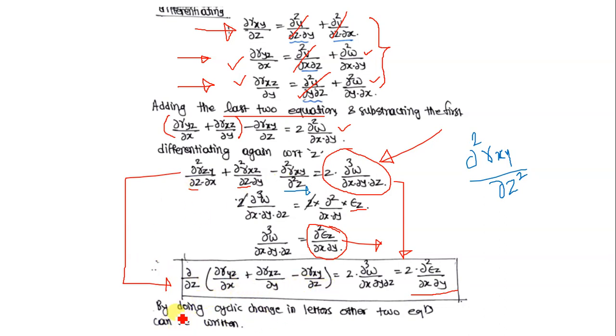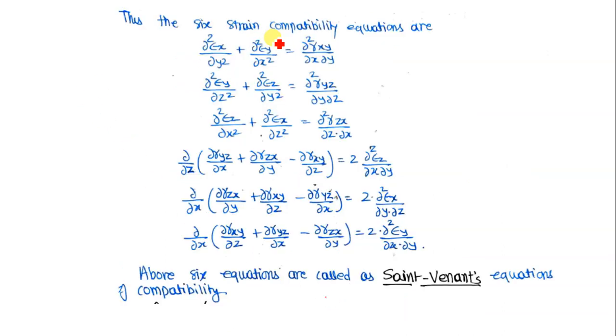Now by doing the cyclic change in letters, the other two equations can be written like this. And thus we are again having three more equations with us.